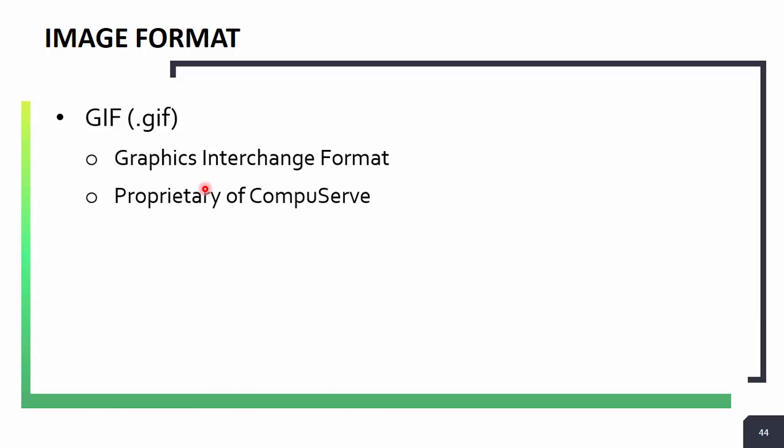Next is GIF, which stands for Graphics Interchange Format. It is proprietary to a company named CompuServe. So if you want to produce a .gif file, you need to pay royalty to this company, but if you just want to use or view a .gif, it is free.